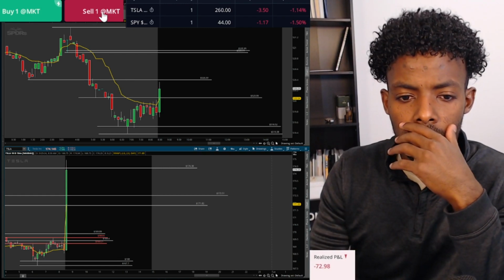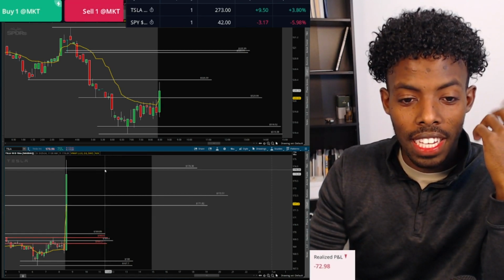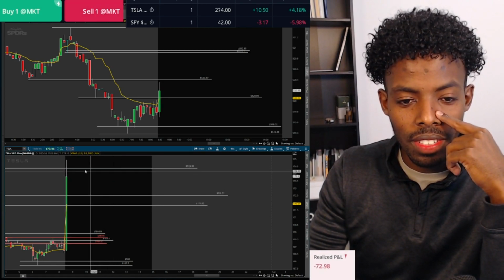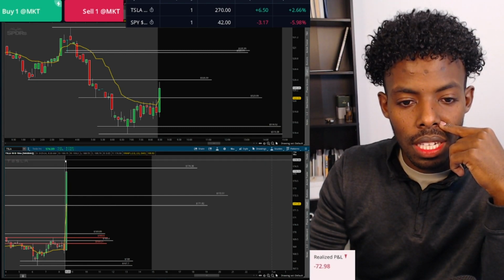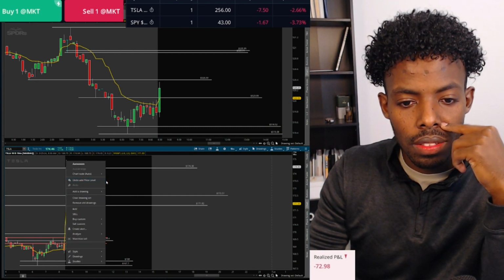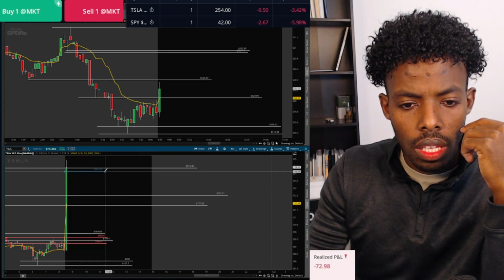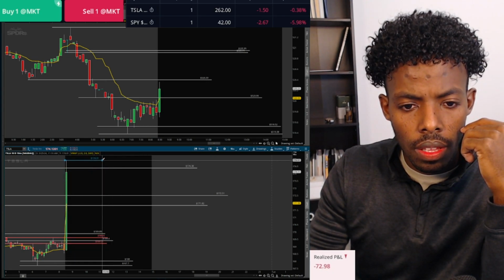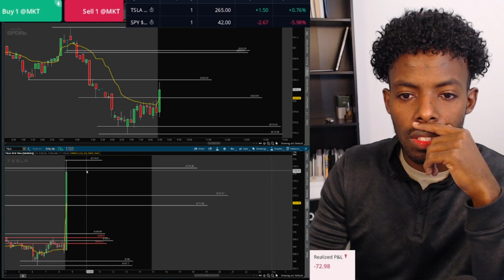That makes sense. Okay, so I decided to go back in once it went below this level. So here we go. Now this is my stop loss essentially. This zone right here. For as long as it's within this zone, it's fine.